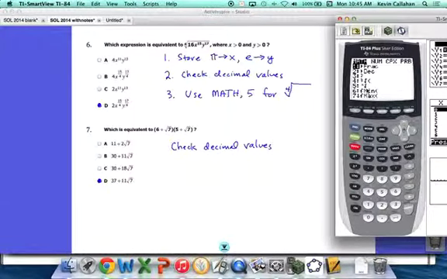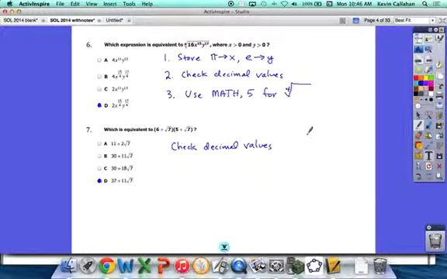If you don't put a number in there first, if I just go math 5, it says answer, and you're going to have to scroll up over there and replace it with a 4. You could also just, before you go there, put a 4 and then do math 5, and then it puts it in the right spot. This one doesn't even have variables, so you just put it in and see which one equals this.